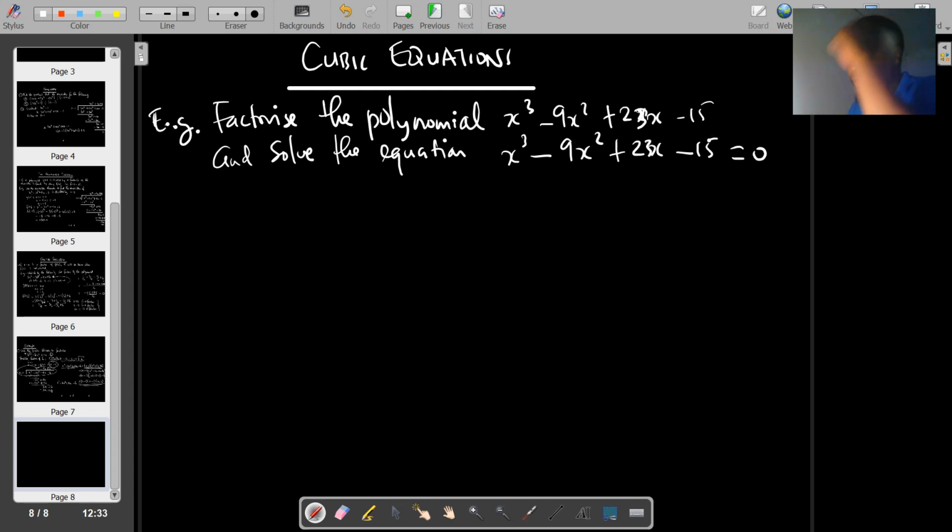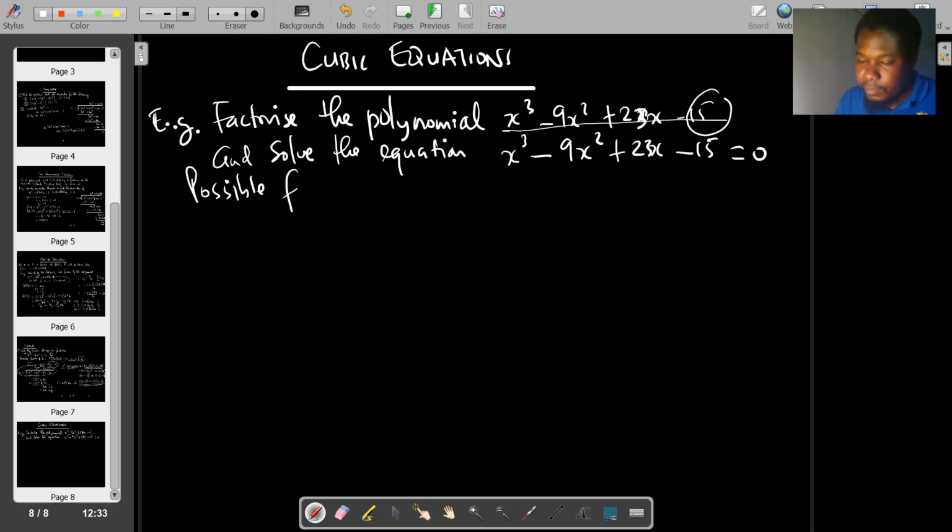Now remember, we will write down our polynomial, this one. The constant is negative 15. Now pay attention to this. The number is negative, so we'll say possible factors of negative 15.